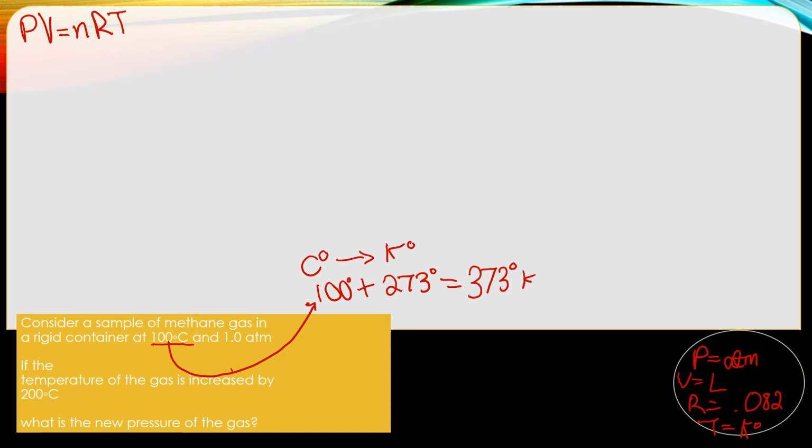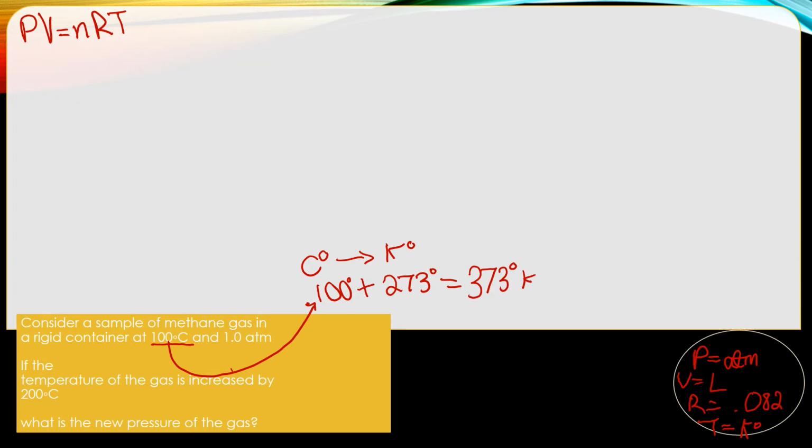Let's continue. At 1 ATM. ATM is pressure, and that's exactly where we want it to be, ATM, so we don't have to change anything about the pressure. Now, if the temperature of the gas is increased by 200 degrees Celsius, as we said, temperature always needs to be in Kelvin.